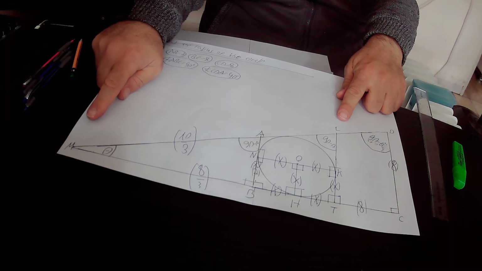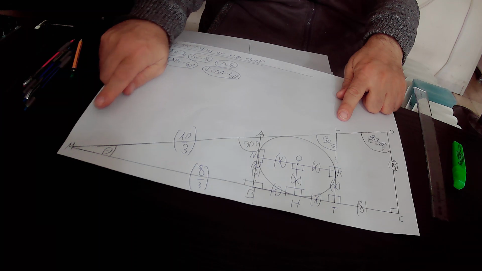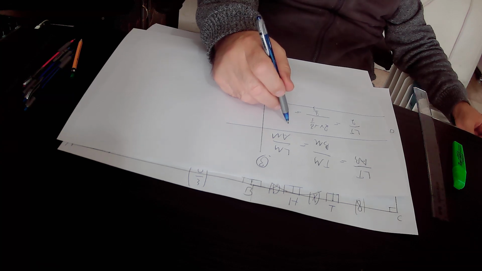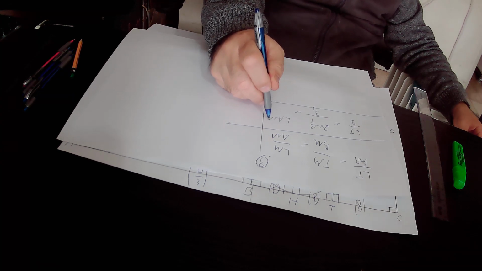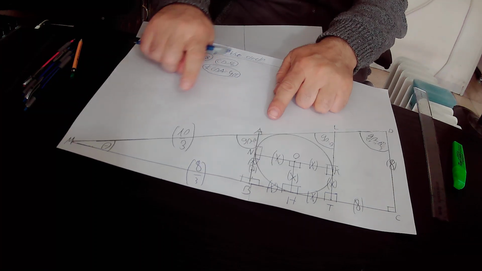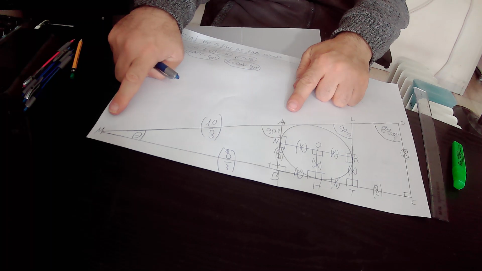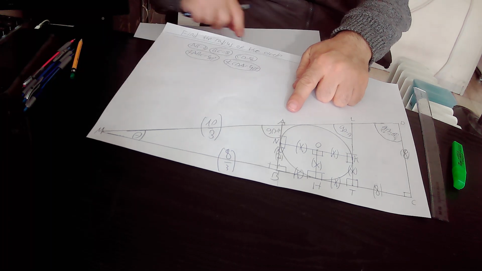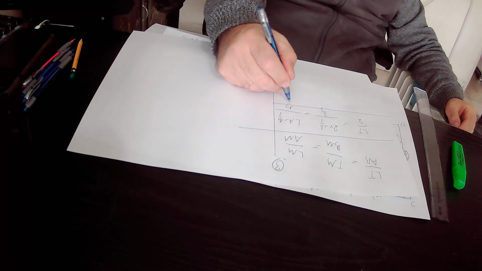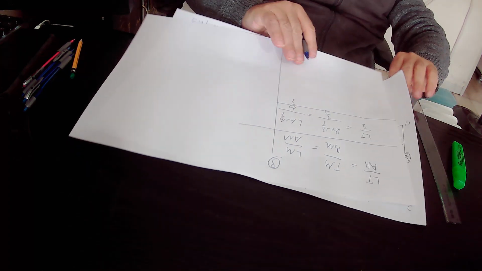So it is LA, that is the missing side, so we leave it as it is, plus AM, that is 10 over 3. So in total LM equals LA plus 10 over 3. So we substitute LM by LA plus 10 over 3 divided by AM. The hypotenuse AM of the small right triangle MBA equals 10 over 3 units in its length. So we substitute AM in this equation by 10 over 3. Okay.